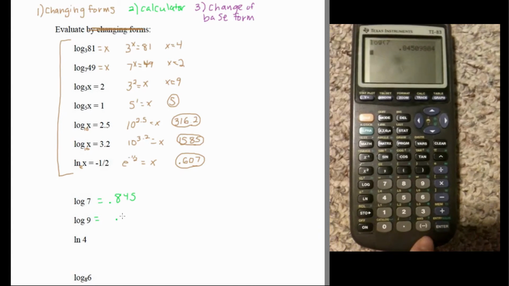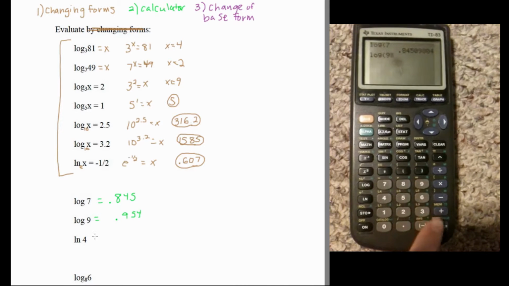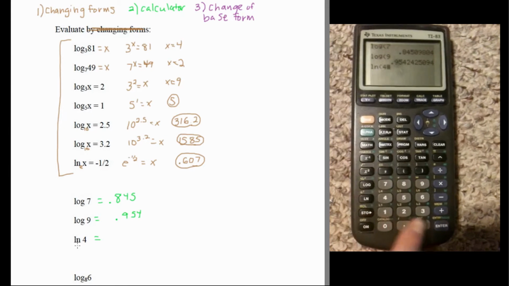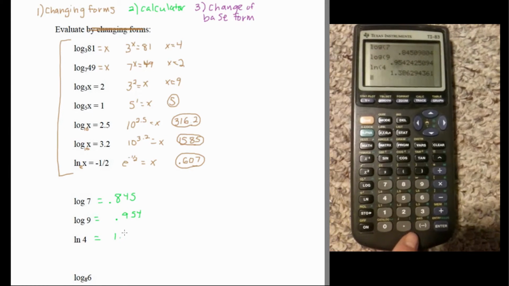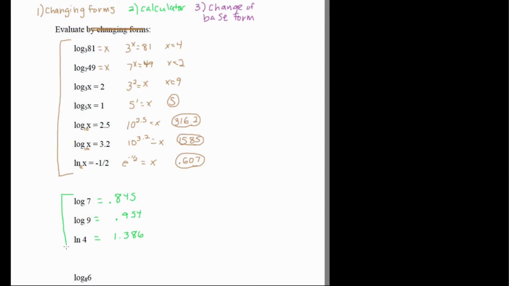Log of 9. This actually means log base e, but your calculator has a natural log or an ln button, so you just type in ln 4. So these can all be done using your calculator.